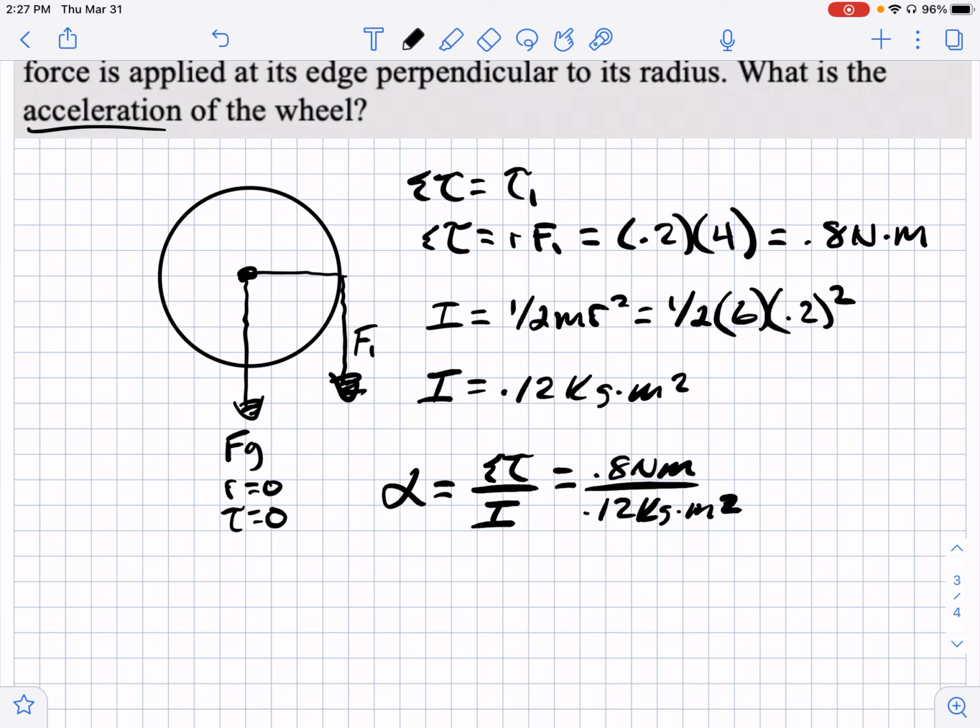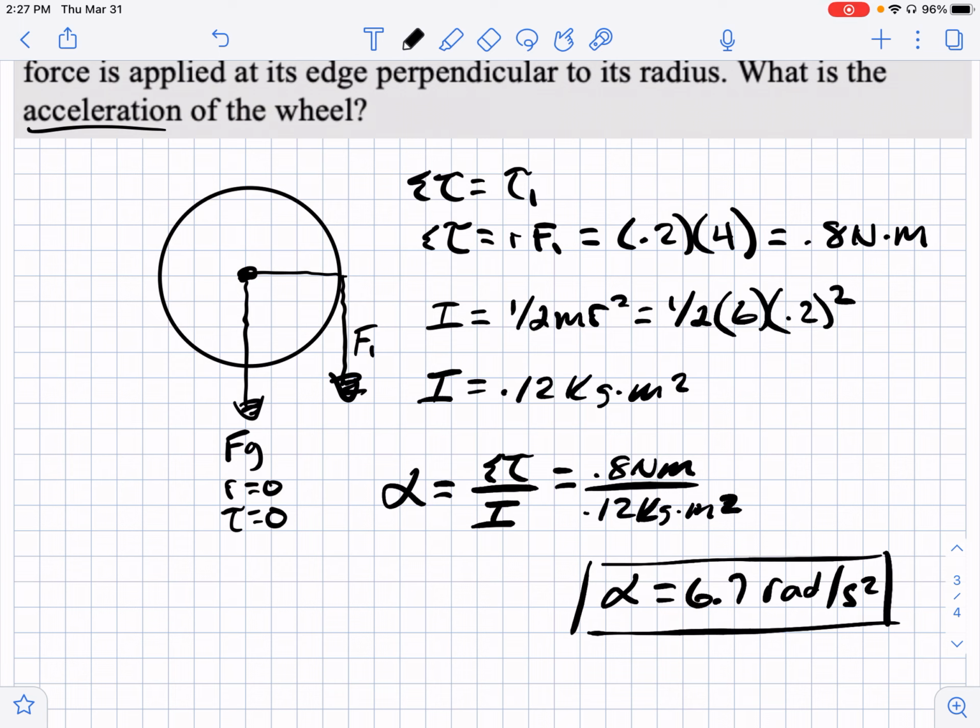And when we plug that in, we should get an angular acceleration of about 6.7 radians per second squared. So that's how we solve for the angular acceleration using the net torque and moment of inertia, or rotational inertia.